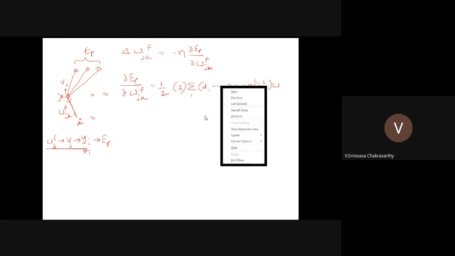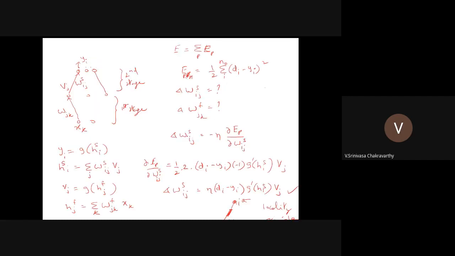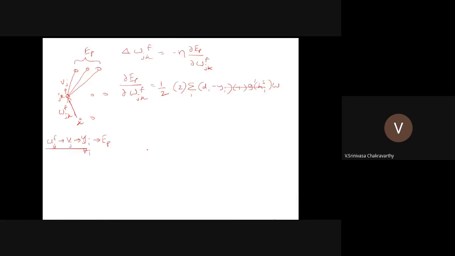So if you go back to this expression, dou Hs i by dou Vj, that will give you Wsij. So that comes here, Wsij times dou Vj by dou Wjk of F. Okay, so I just didn't want to put everything in one line, it will be pretty long.